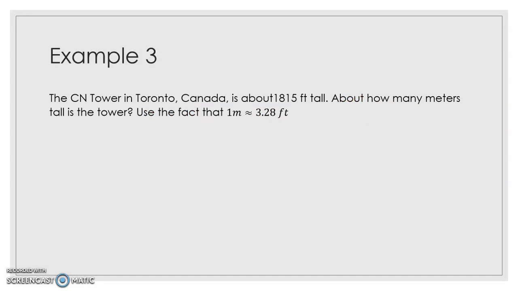The CN Tower in Toronto. Okay, this is brutal. Actually, not too bad. It helps us to know how many meters. So we'll go ahead and start making train tracks here. Remember the first rule of thumb about word problems: about how many meters tall is the tower.